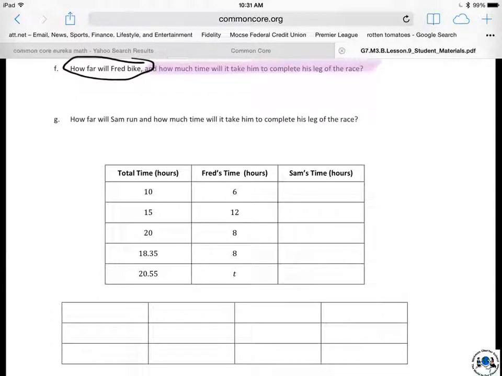To solve, if we're going to apply the d equals r times t formula, we need to fill in whatever we have. We're trying to find how far Fred will bike. We know his time and we know his rate, things we've solved for already or been given.